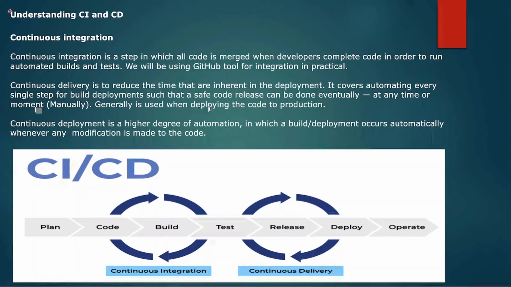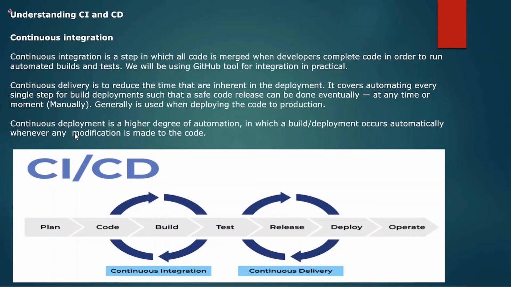First of all, just understand that it is a manual process. I have explicitly written over here: continuous delivery is manual, and continuous deployment is a higher degree of automation in which build deployment occurs automatically whenever any modification is made to the code.